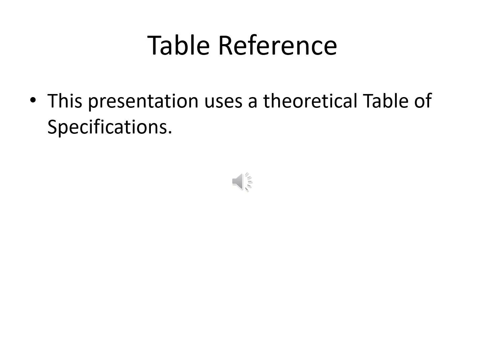So what are the basic parts of a table of specs? Of course, number one is the course outcome. Number two, the learning outcome. Number three is the number of hours spent for the discussion of each learning outcome.